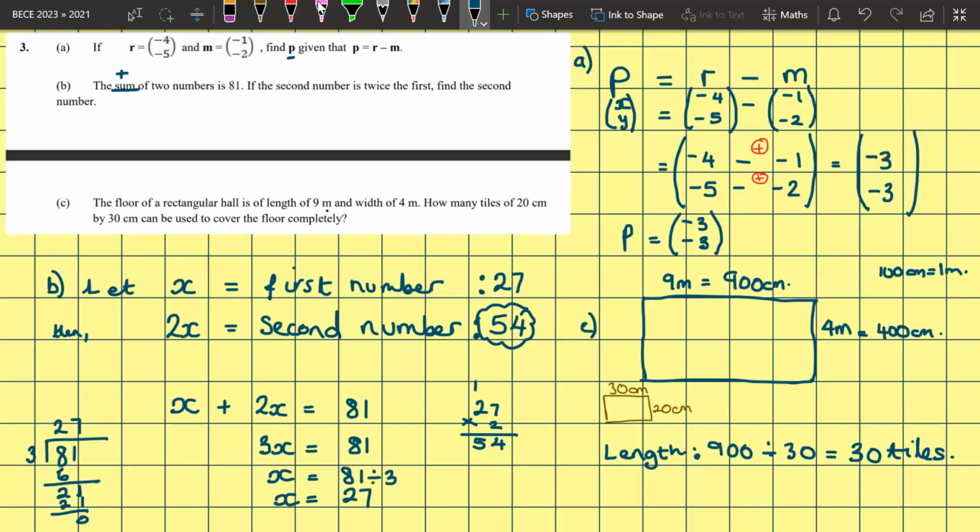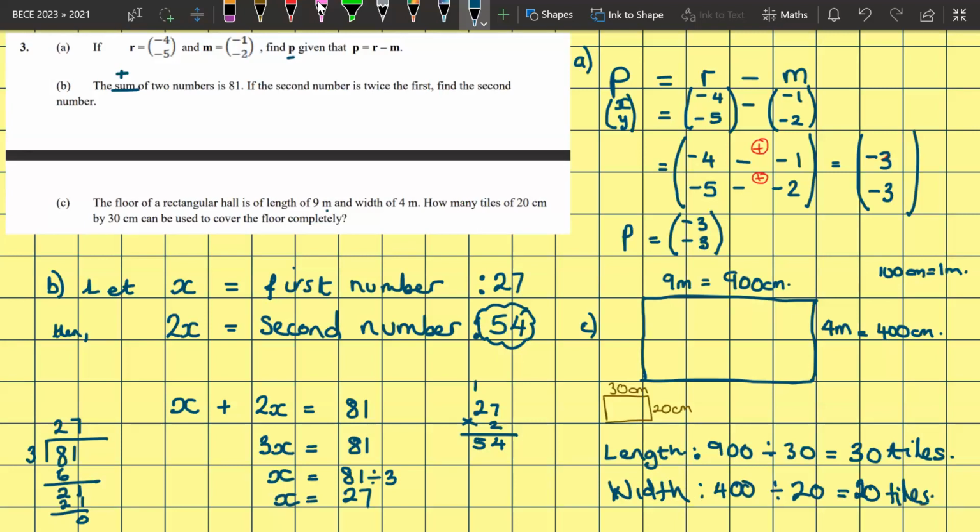What about the width? Okay, so the width of the floor of the hall is 400 centimeters. The width of the smaller tile is 20. How many 20s are in 400? That is 20 tiles.